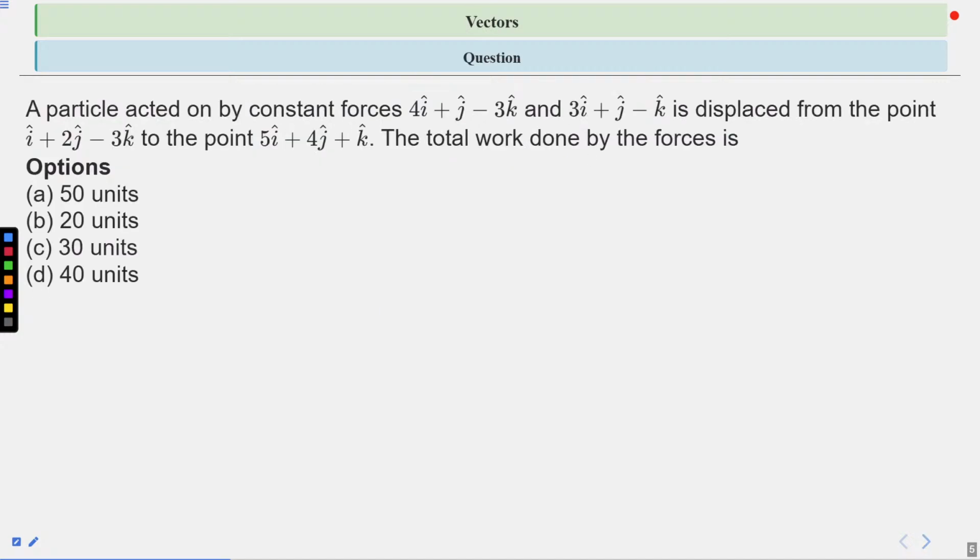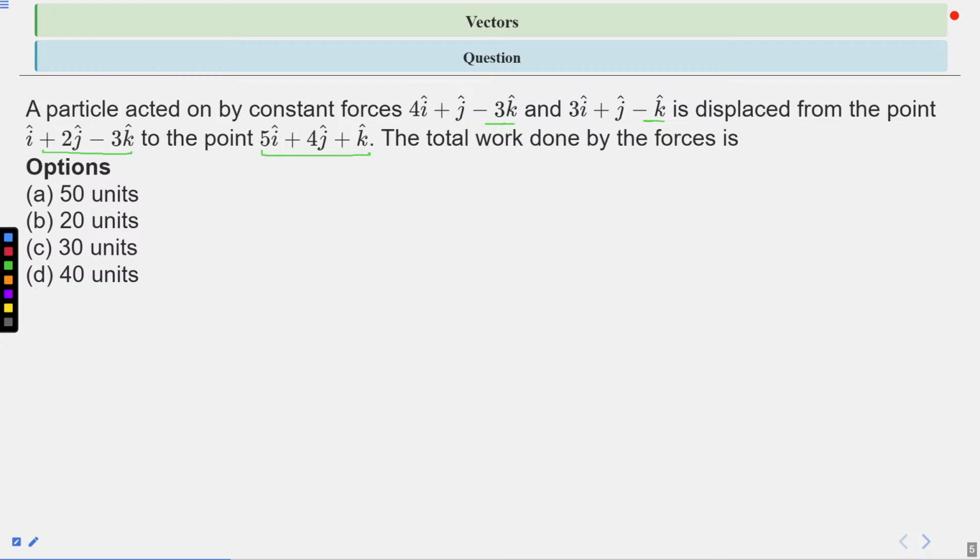Second question. A particle acted on by constant forces 4 i cap plus j cap minus 3 k cap and 3 i cap plus j cap minus k cap is displaced from the initial point i cap plus 2 j cap minus 3 k cap to the final point 5 i cap plus 4 j cap plus k cap.